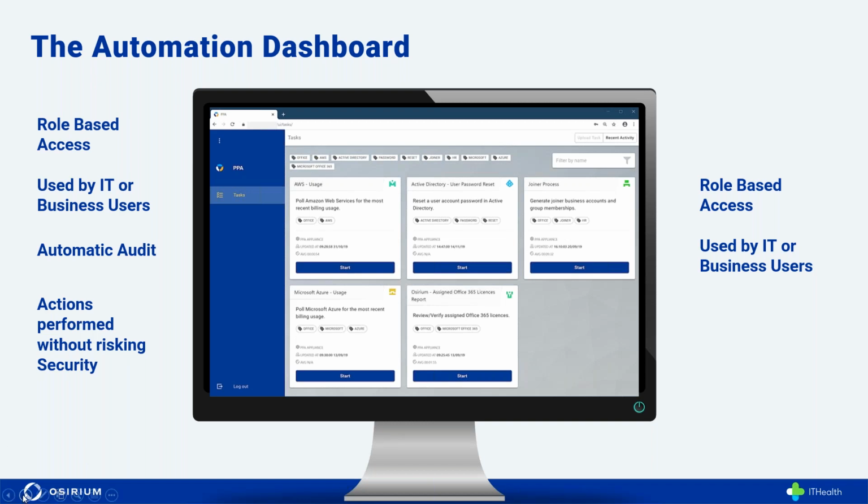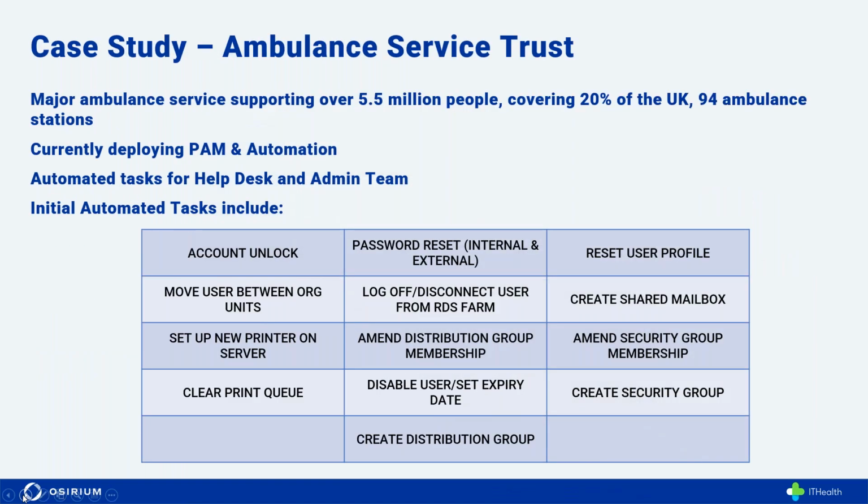I thought it might be interesting to take a look at a live, well, almost live example. This is an ambient service trust that we're currently working with, who have been deploying PAM, and they're now starting to deploy automation. They're targeting both the admin team, but also providing tasks to their help desk, so that help desk can take on some of these tasks that would normally get escalated. And here's a list of the first set of tasks that we've been working with them to create.